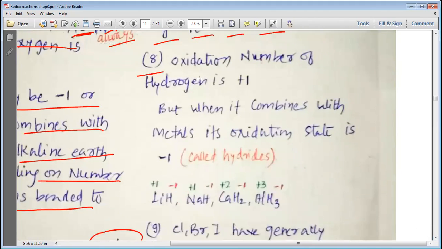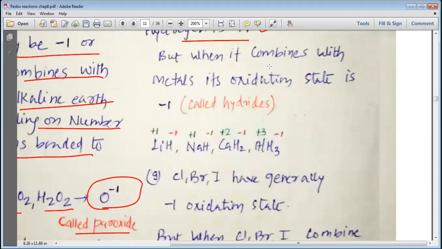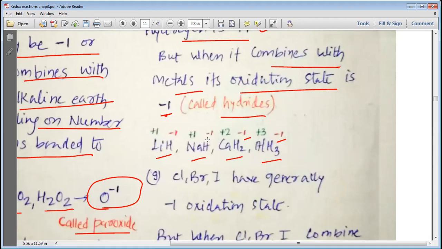Eighth rule, my dear students. The oxidation number of hydrogen is generally +1. But when it combines with the metals, its oxidation state is -1, called hydride. So when we have lithium hydride, sodium hydride, calcium hydride, aluminum hydride, you can see that all this hydrogen has -1 oxidation state.